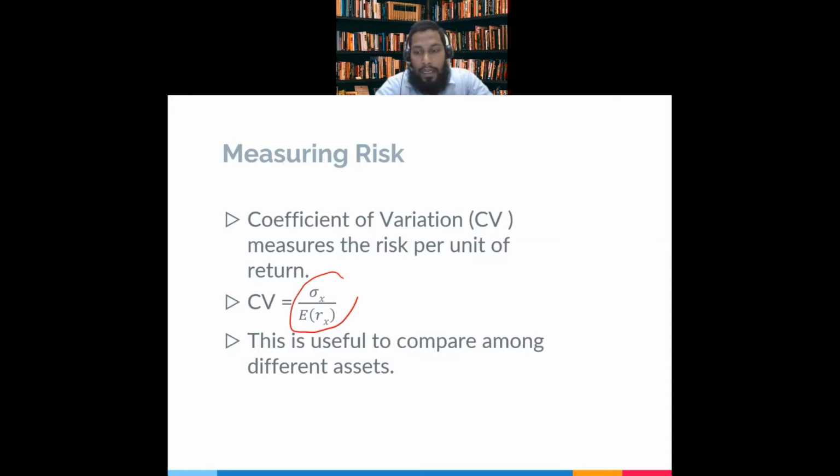You just take the standard deviation and divide by the expected return, so we get the CV, or the coefficient of variation. It will give us the result of how much risk there is in $1 of earning or return. So it will help us to compare with other assets.